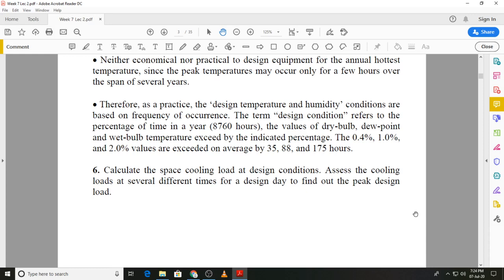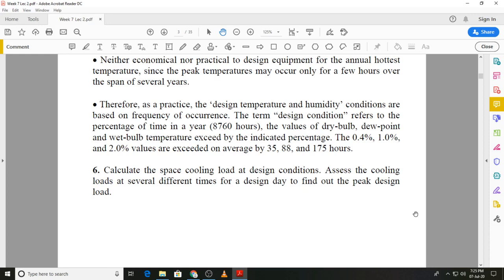Similarly, we can consider a frequency of occurrence of 1% or 2%. If we select a frequency of occurrence of 2%, it means that in a year, it is possible that out of 8,760 hours, only 175 hours are such that our plant is not able to fulfill the load, that the load exceeds the design load.